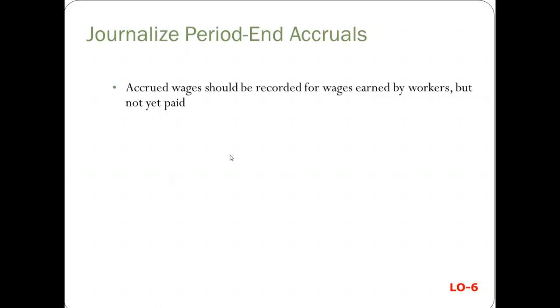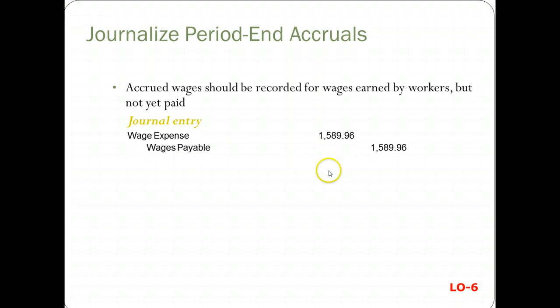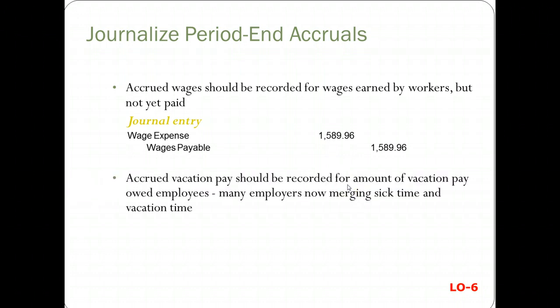That's a better way to say it. So you need to accrue wages for however many days worth your employees have already earned, and then credit the wages payable, and then when you actually pay the wages, you'll debit that wages payable.